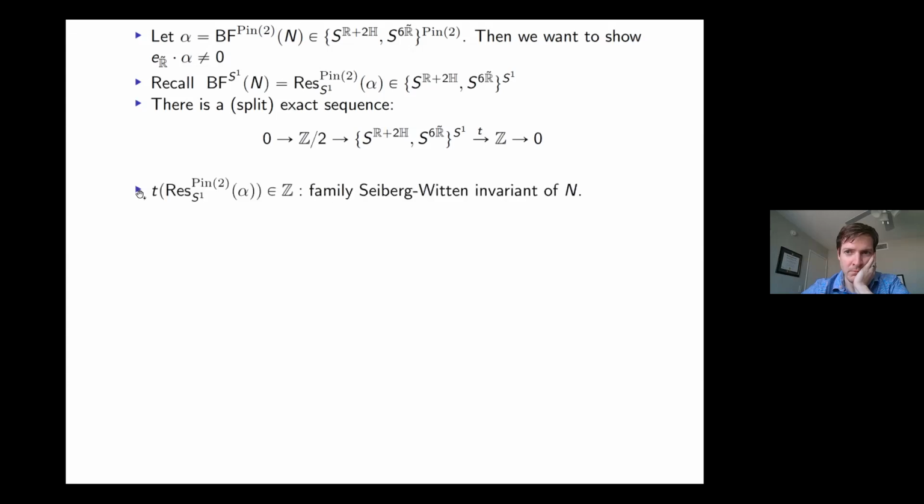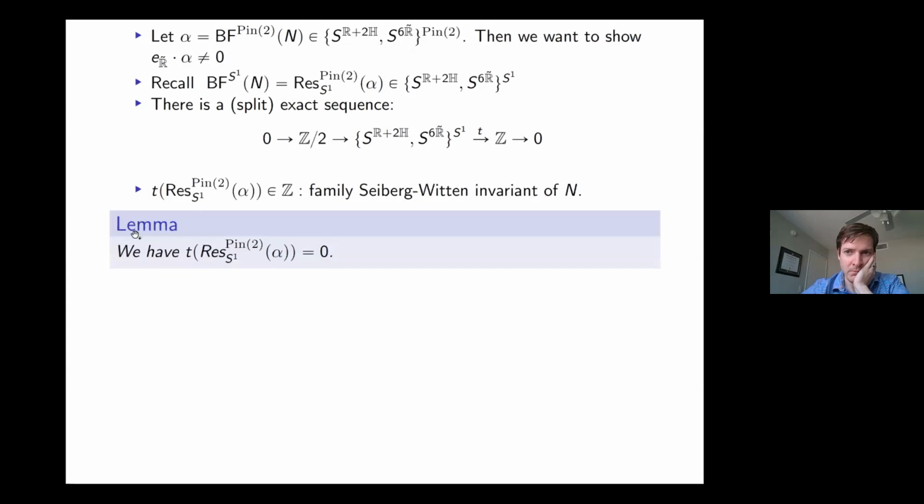If you apply this map to the S1 Bauer-Furuta invariant, you get an integer, which is just the family Seiberg-Witten invariant of the family N. This is how one obtains the Seiberg-Witten invariant from the S1 Bauer-Furuta invariant. The kernel encodes some torsion information in the higher dimensional moduli space.